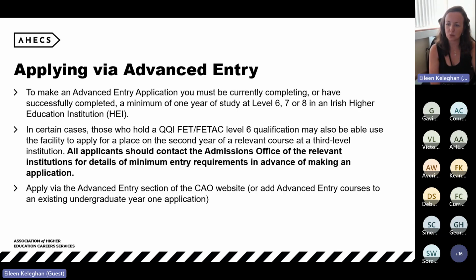In certain cases, those who hold a QQI further education level 6 qualification may also be able to use the facility to apply for a place on the second year of a relevant course at a third level institution, but applicants should contact the admissions office of the relevant institutions for more information on minimum entry requirements before making an application. To apply via advanced entry, on the CAO homepage in the menu bar to the left, you'll see an advanced entry tab, and it'll bring you to the dedicated advanced entry section of the website.